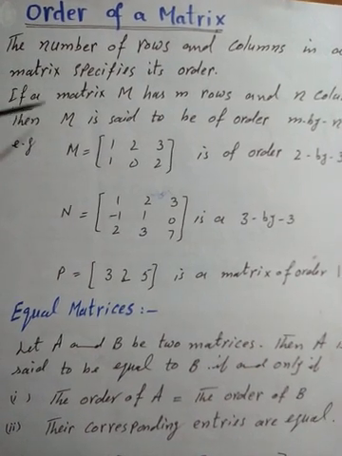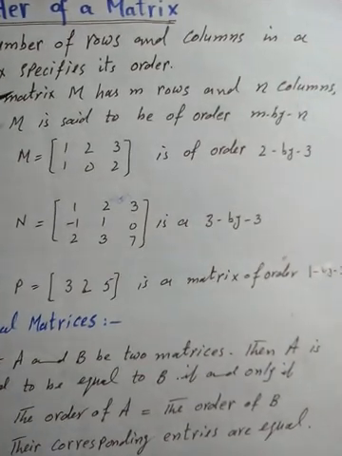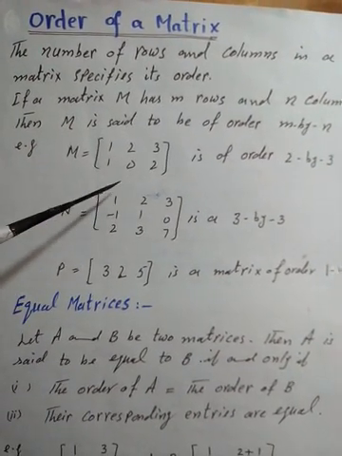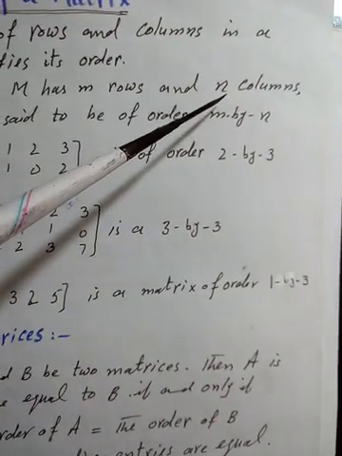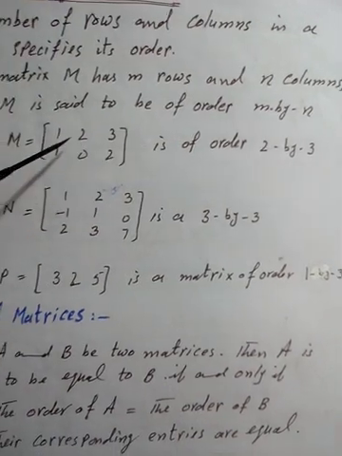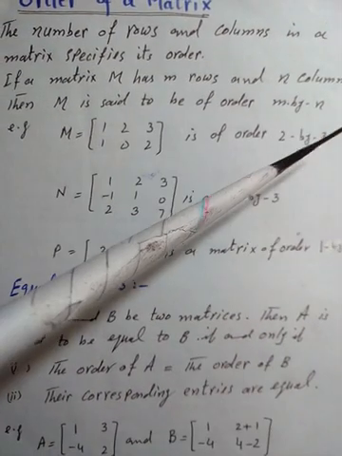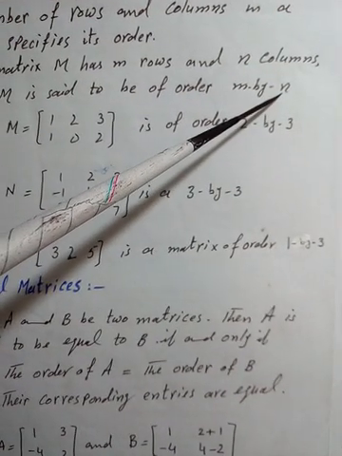Now the order of a matrix. The number of rows and columns in the matrix specifies its order. If a matrix has m rows and n columns, then we say that the order is m by n. First we state the number of rows and then the number of columns.